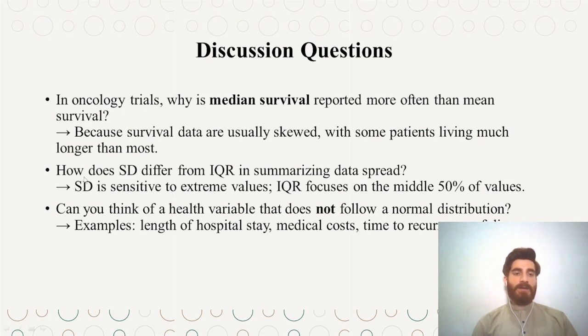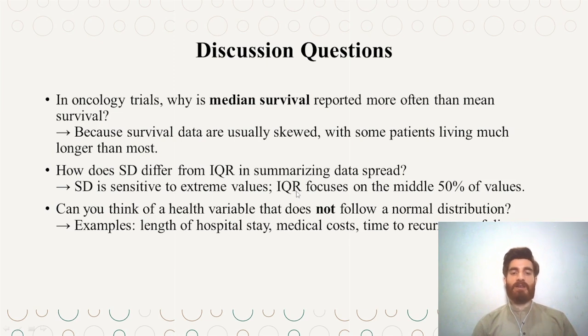The second one is how does standard deviation differ from IQR in summarizing a data set. Standard deviation is sensitive to extreme values, and the IQR focuses on the middle 50% of the values.